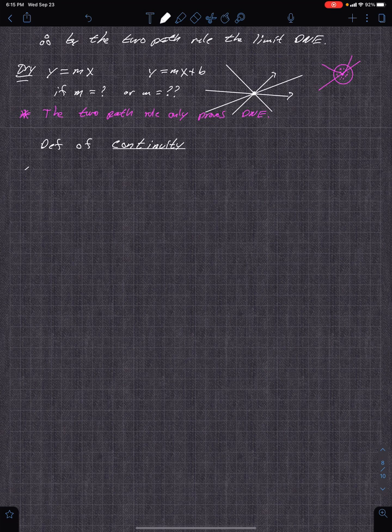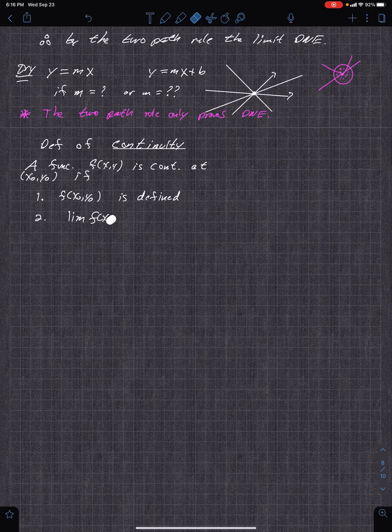So the same as Calc 1 type stuff. A function f of x, y is continuous at x naught, y naught if: 1, f of x naught, y naught is defined. 2, the limit of f of x, y as x, y approaches x naught, y naught exists.